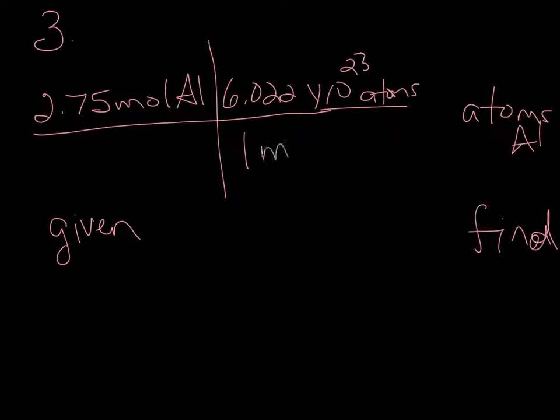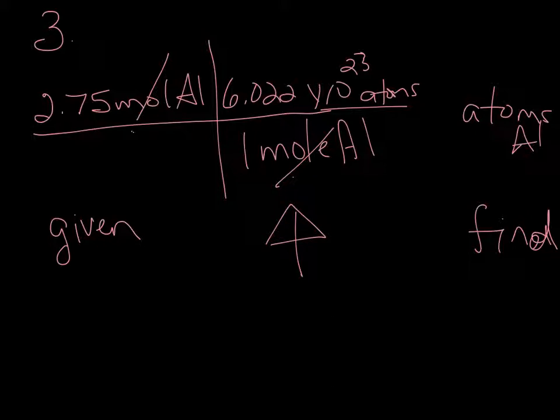in 1 mole. Now, how did I determine to put moles down here this time? Well, I started with moles, so what I was given was moles, so that's on top. So I had to put moles on the bottom, and I wanted to get to atoms, so I had to put atoms on top. This is what we know. We memorized this.